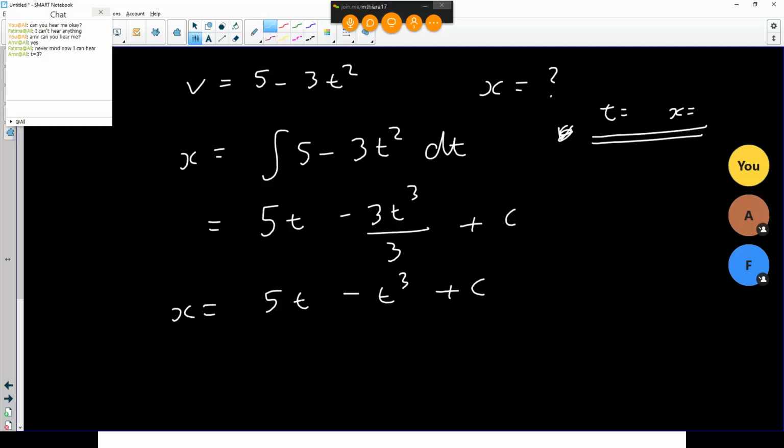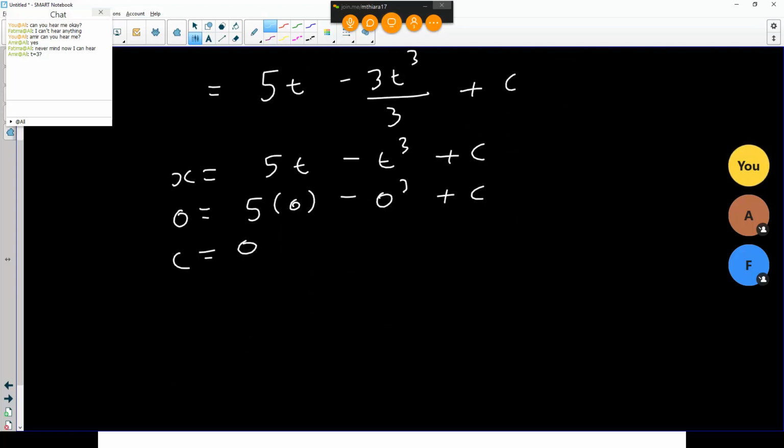So when t equals 0, x equals 0. So we get 0 is equal to 5 times 0 minus 0 cubed plus c, therefore c is also equal to 0.